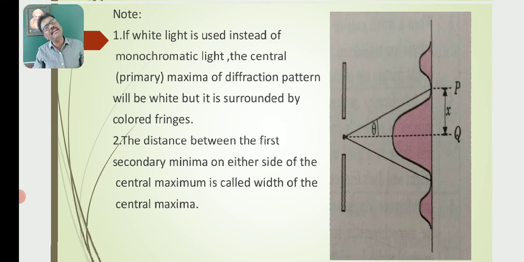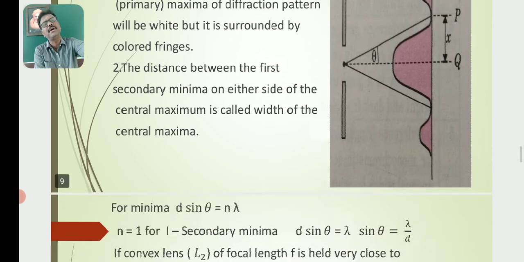Draw the triangle with respect to the central maxima. Let P be the center of the minima, Q the center of the primary maxima, then PQ. So determine the value of PQ, called x. Then 2x gives the width of the central maxima.